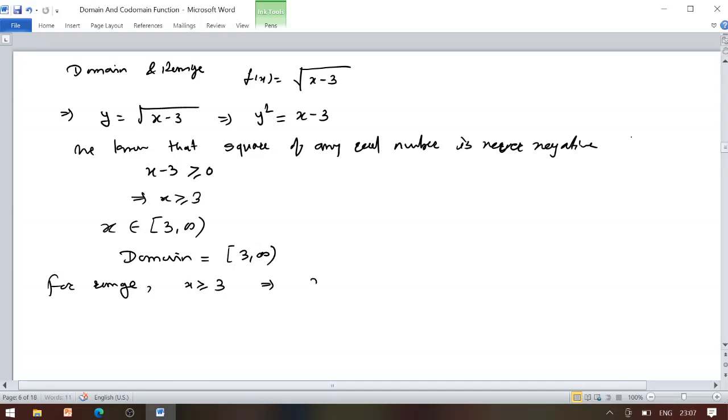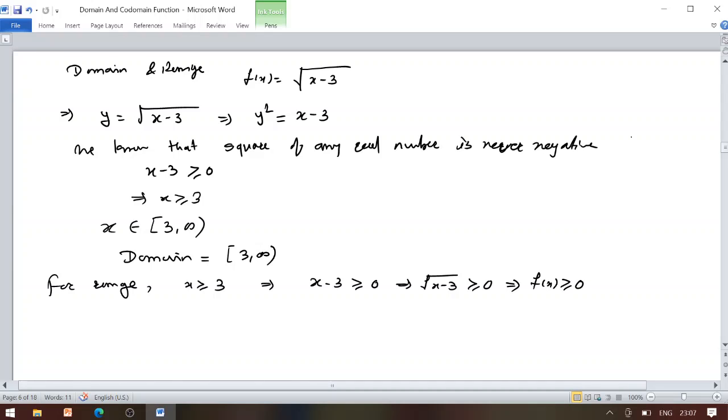Subtracting 3 from both sides, x minus 3 is greater than or equal to 0. Taking the square root on both sides, root of x minus 3 is greater than or equal to 0. That implies f of x is greater than or equal to 0.